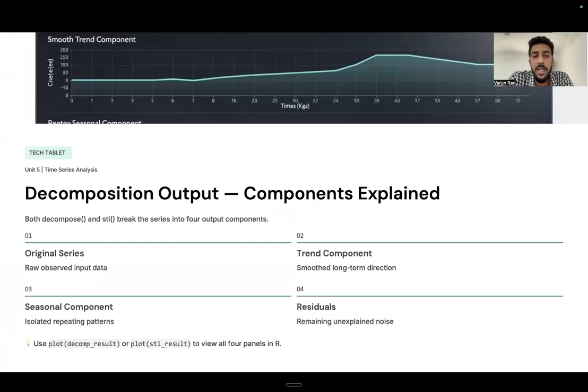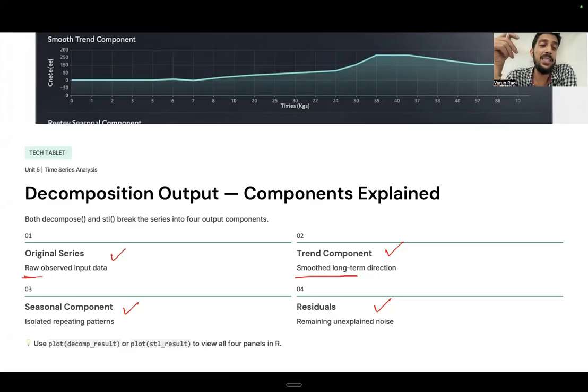Now, when you're working on decomposition, you would have a few outputs. Firstly, you would have the original series. The second one is trend component. Third one is seasonal. And fourth one is residual. So in the original series, you would be reading the raw information, right? The information which is not at all clean. To calculate the trend component, you would be using smooth line. Now, what do you mean by smooth line? It's a line where there are not a lot of crests and troughs.